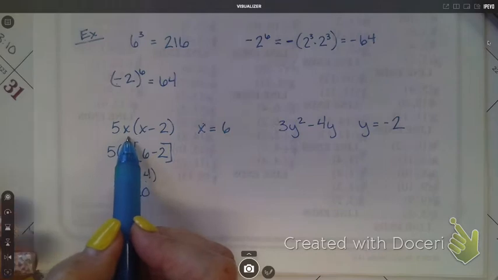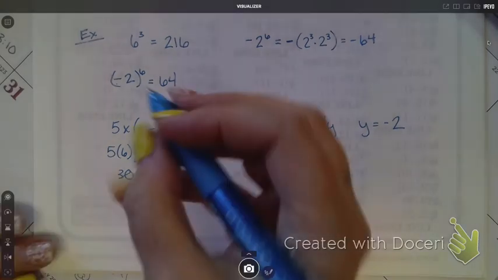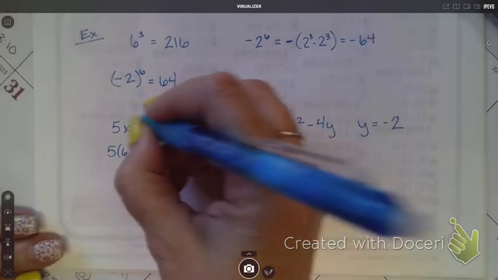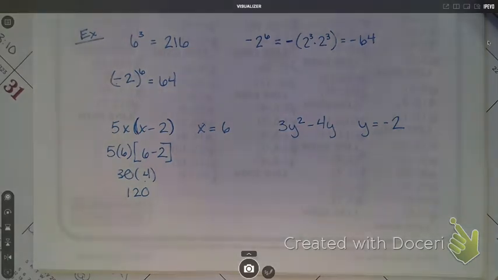The parentheses still say do this first, but it also means multiplication. If I wanted to add it, I would have a plus or a minus there. So try the next one, Xander.